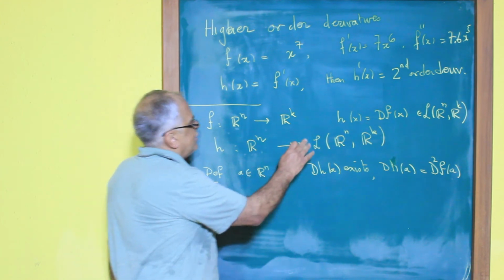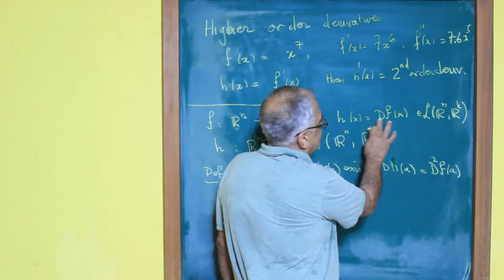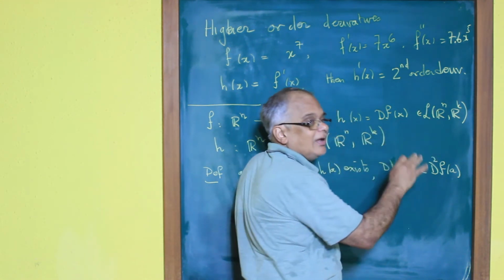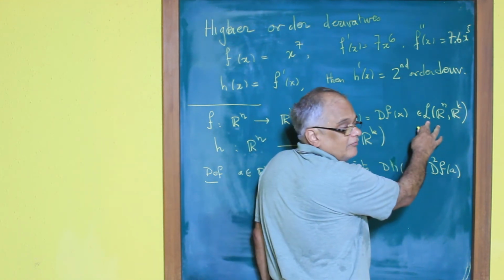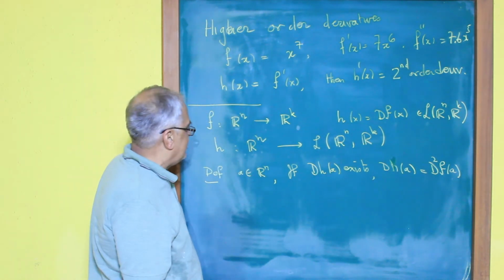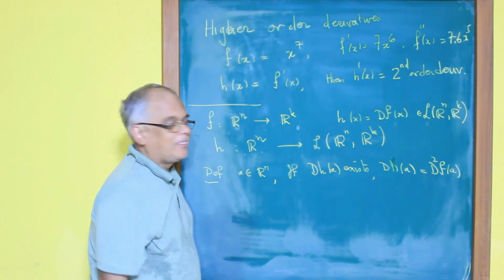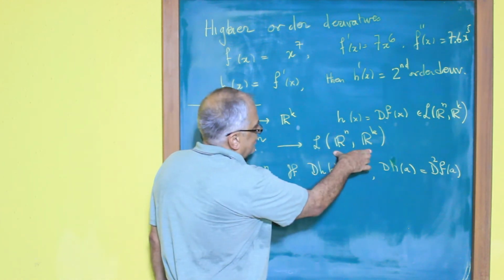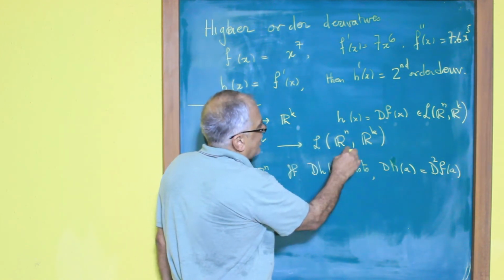We know that if f is a map from Rn to Rk, then the derivative of f at a point x is a linear map from Rn to Rk. So for h, the Rn is the same, but the range gets replaced by linear maps from Rn to Rk.